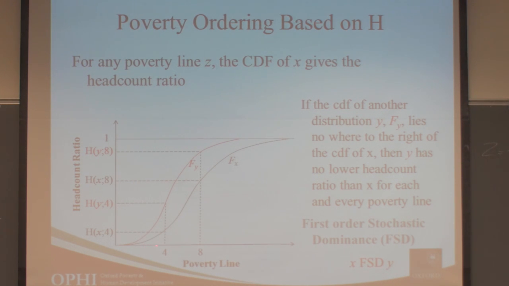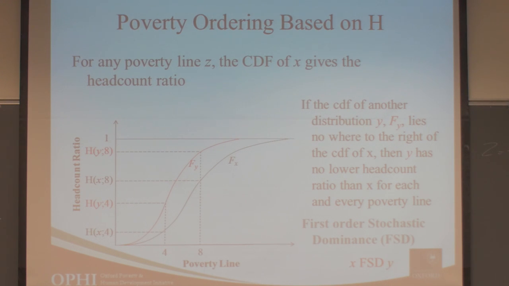Y, right? Because this is the headcount ratio of y, this is the headcount ratio of x. If the poverty line is 8, which distribution has higher headcount ratio? Again y, so you cannot find a poverty line where you are going to show x has higher poverty.